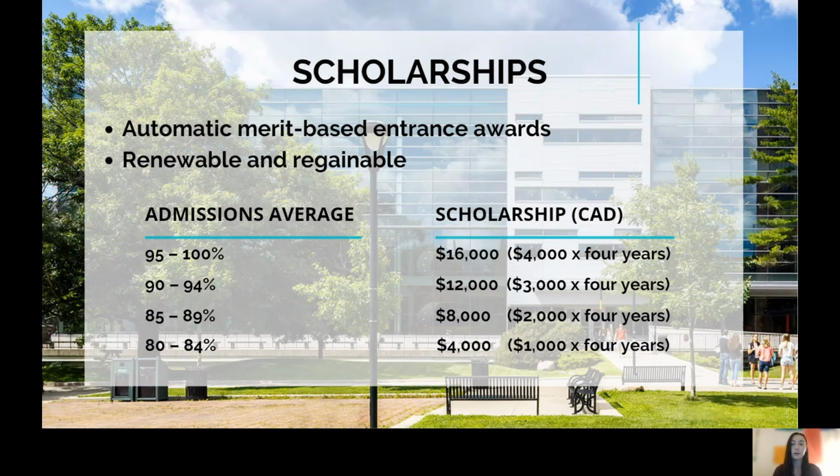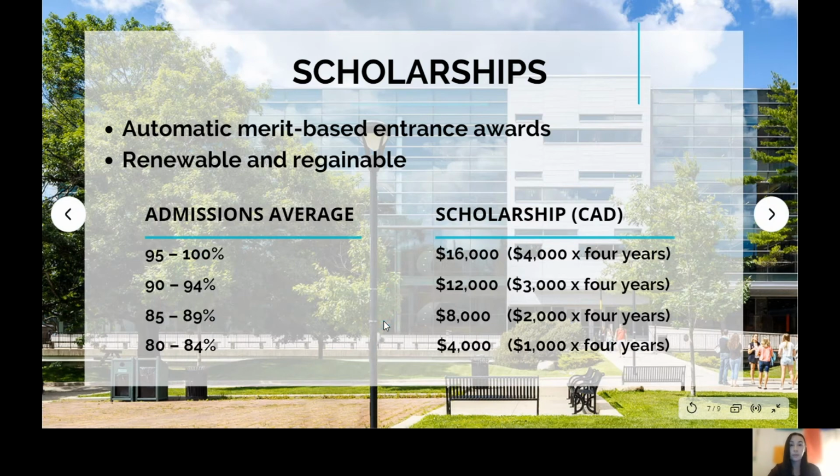Now I'd like to speak a little bit about scholarships because this is important to take into consideration when you're looking at your grades. Carleton offers automatic scholarships which are merit-based, meaning they are based on your grades at the time of your application to us. And when I say automatic, that means that you are not required to submit an application for these scholarships.